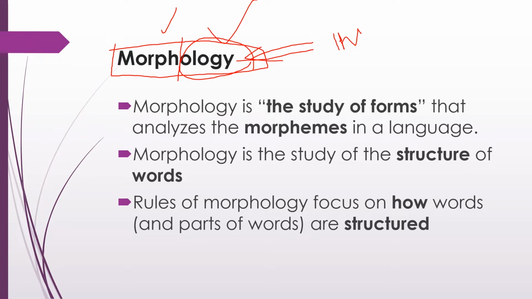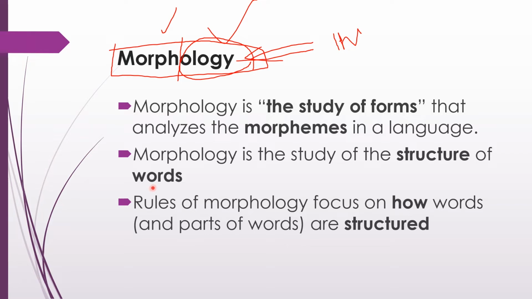So how will we look at the word and word structure? It will be based mostly on the parts of words, how words come together to make a new word, how the rules of morphemes come together to make a morphological unit, to have a word unit in a language. That will be the prime focus.